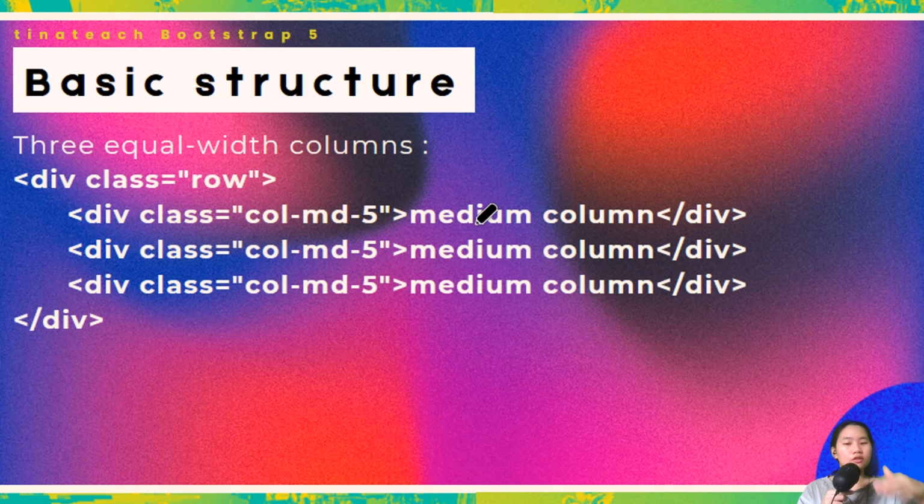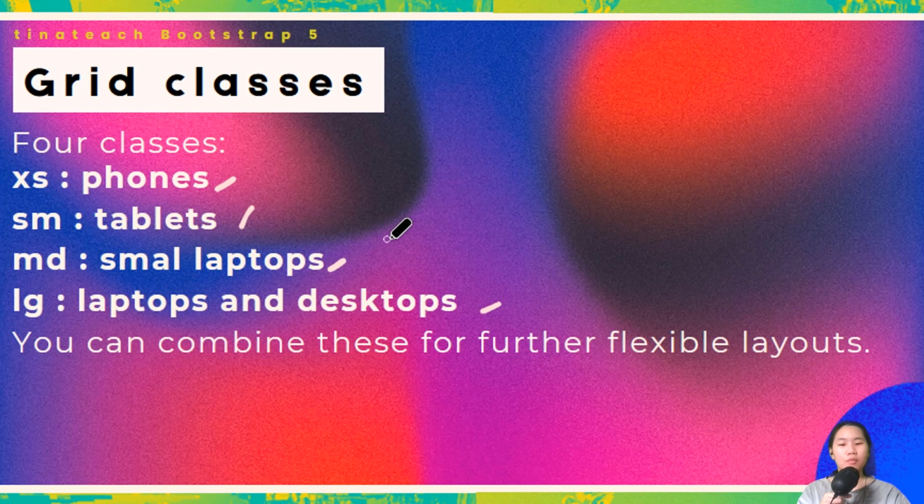Now that we're done with that, let's move on to the next part regarding the width of the columns. Now, you can add a number behind the size of the column. And what do I mean by size? Over here, if you remember, extra small, small, medium, and large, with these acronyms.